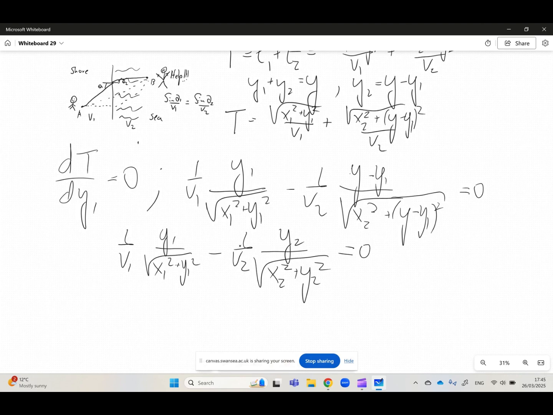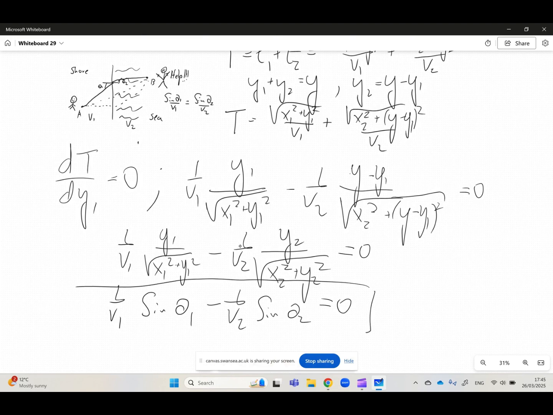So this is 1 over v1 sine theta 1 minus 1 over v2 sine theta 2 equals 0.